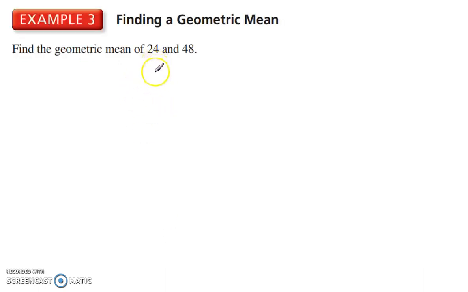Now, finding the geometric mean. The geometric mean, x, is equal to the square root of the product of these, 24 times 48. That's a 4 there.